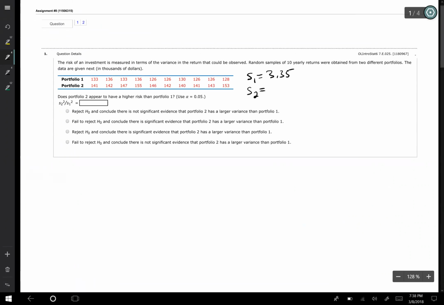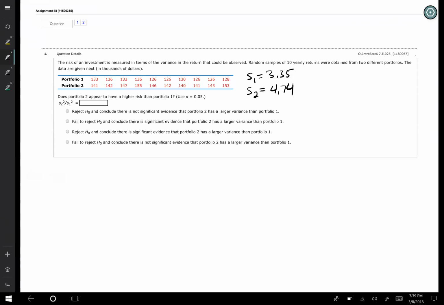And S2 was 4.74. The reason WebAssign is prompting you to do S2 squared over S1 squared is because S2 is larger than S1. The common approach when doing a test on the ratio of two variances is to take the larger divided by the smaller.